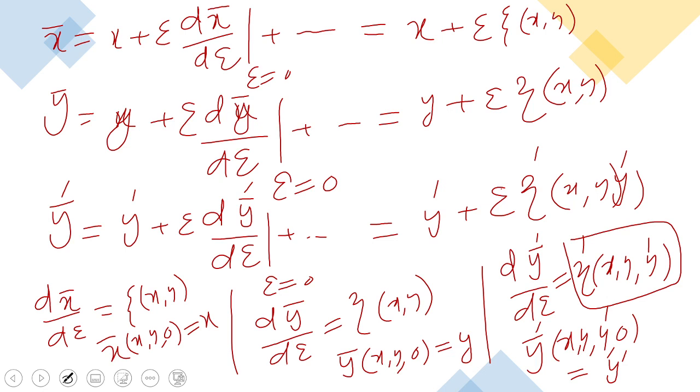I am naming this equation 1, this is 2, and this is 3. So we are starting from equation 3 again. What is y bar dash?